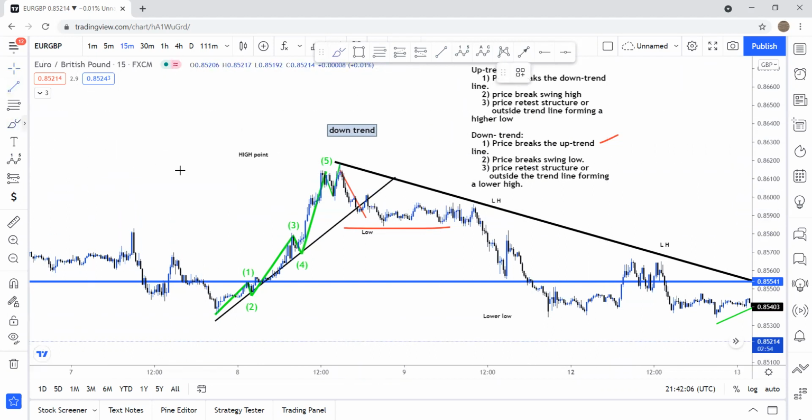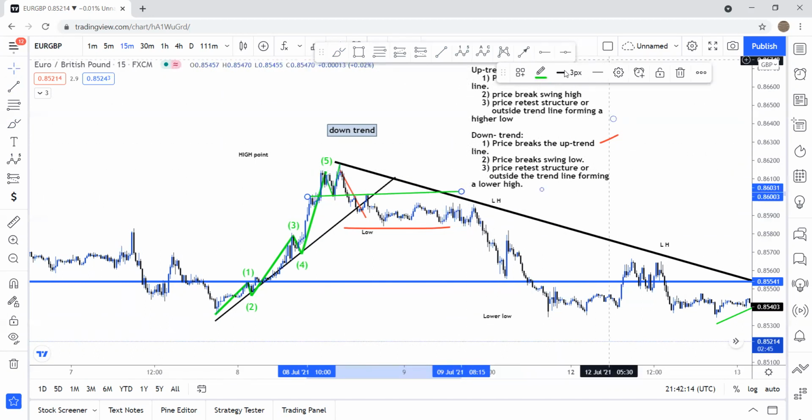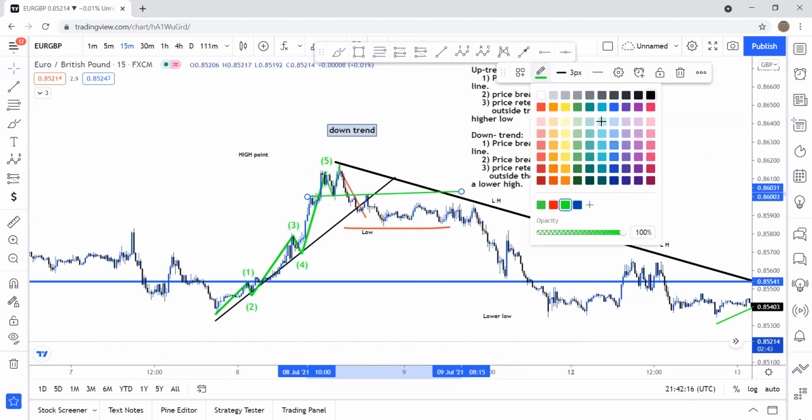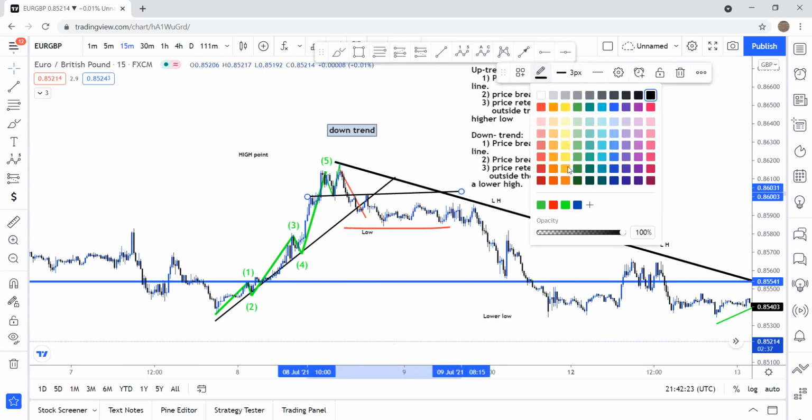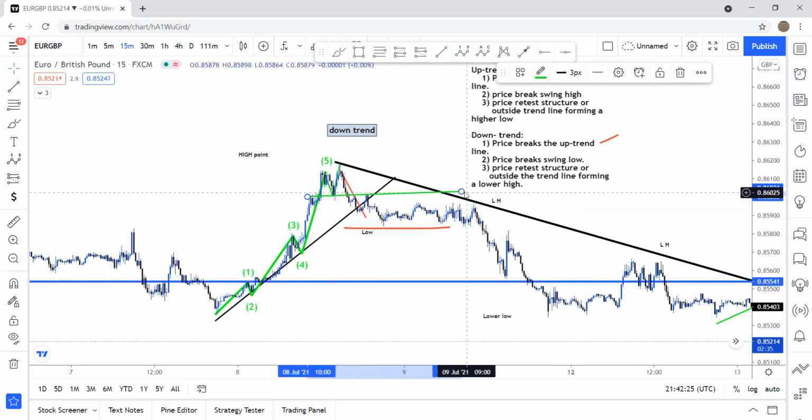So when we start looking, we have to see that this low is the previous swing low right here. I'm going to draw a line across, and I'm going to leave it green so we can actually see it. This area.